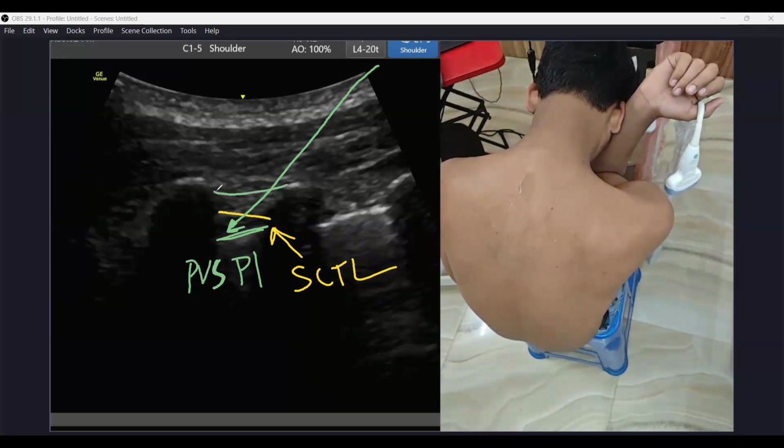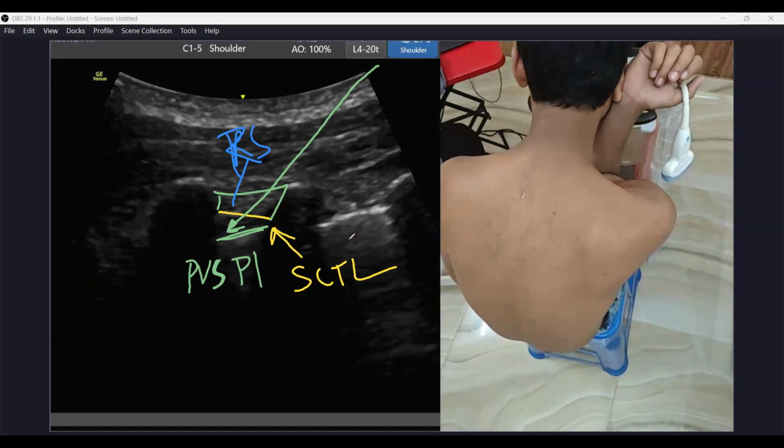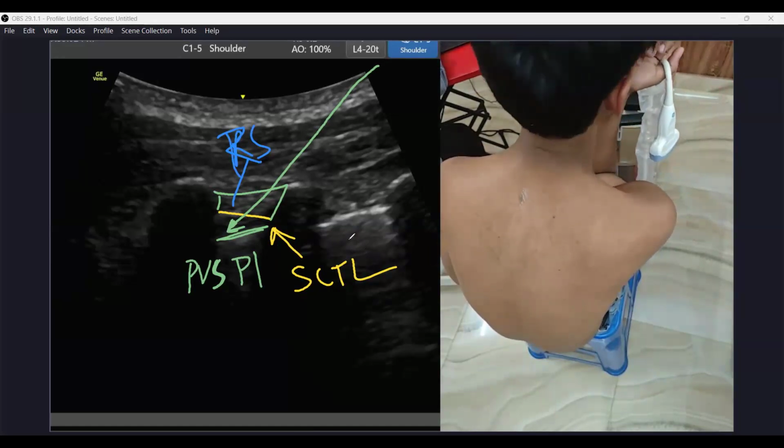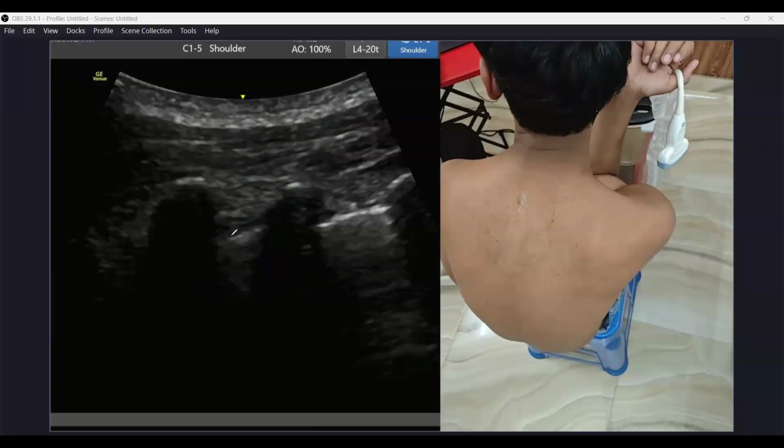This area is also another space, the upper area. So this is called the RS space, the retro costotransverse ligament space. Sometimes this is very close to the pleura.